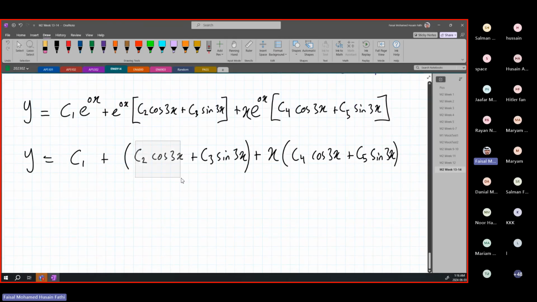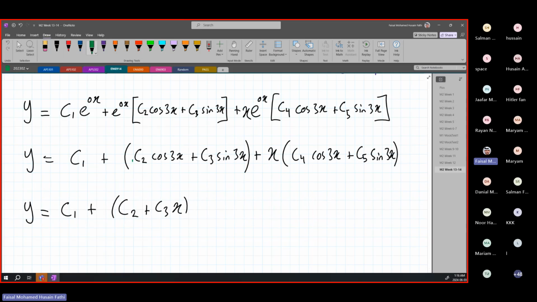You can group the cosines with each other and the sines with each other, and it will look something like this. You're going to get y is equal to C1 plus C2 plus C4x. All I am doing is taking the C2 here and the C4x. This isn't C3, this is C4, my bad.